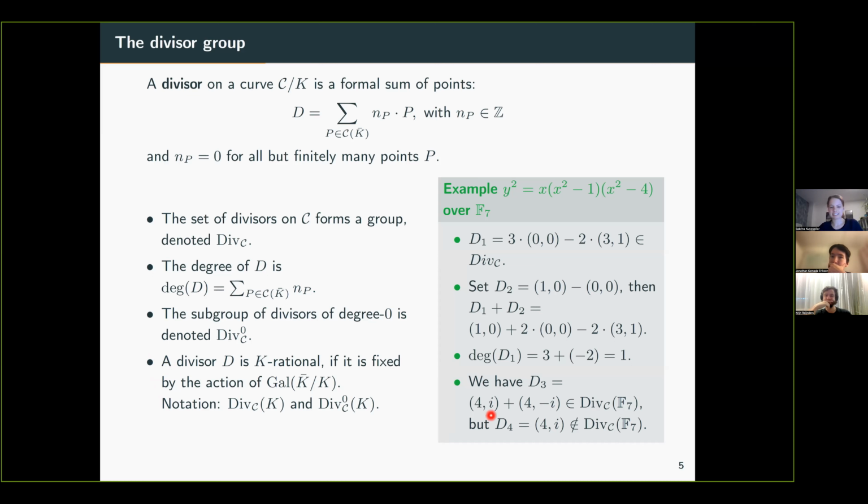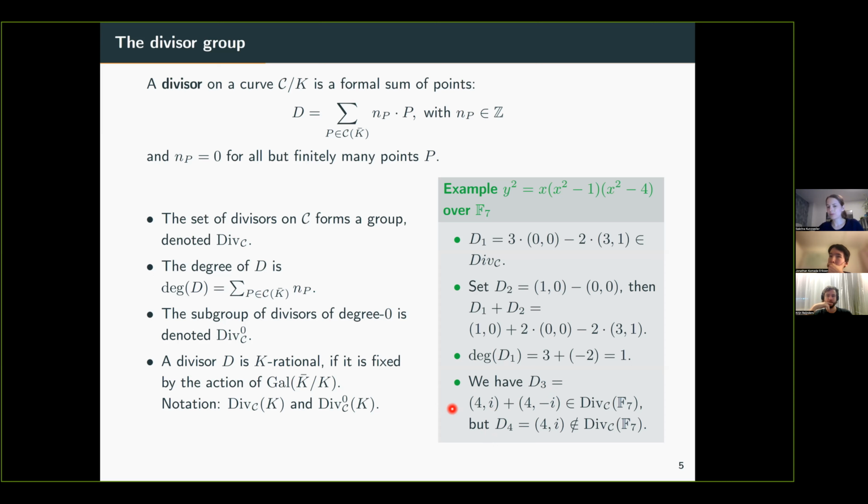What this means is, here I've given an example on the right of a divisor that is k-rational, although the points are not k-rational. So the divisor d3 has in its support i and minus i, where i is just the square root of -1.